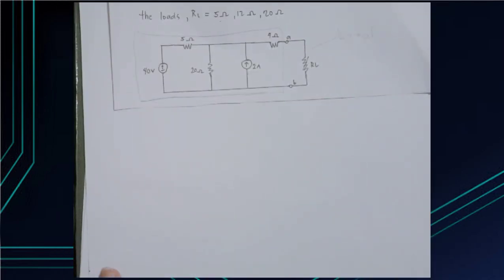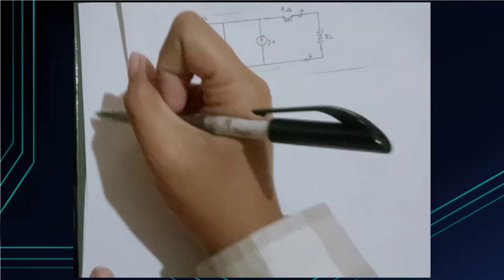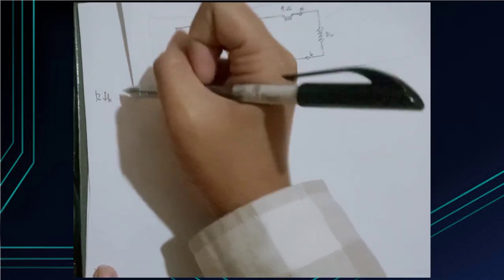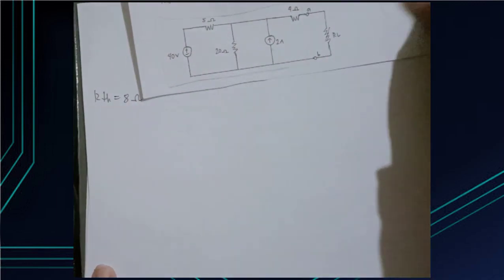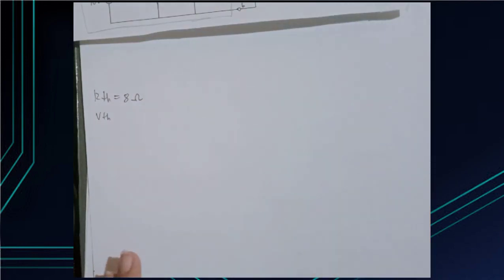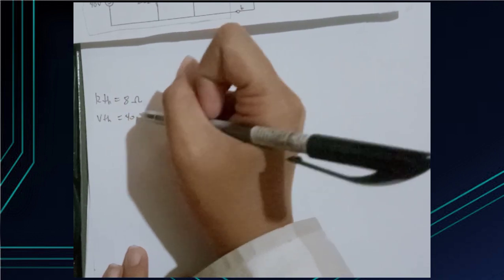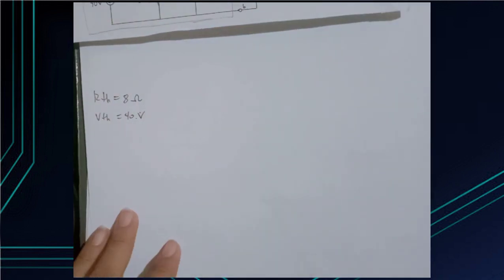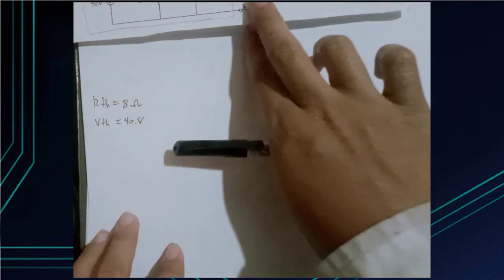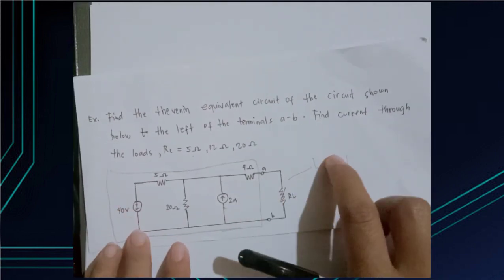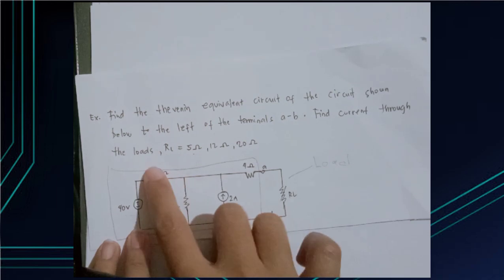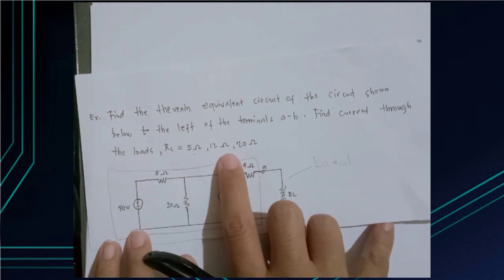Since nakuha na natin ang RTH na 8 ohms, at VTH na 40 volts, pwede na nating makuha sa problem ang current through the loads, 12 ohms and 20 ohms.